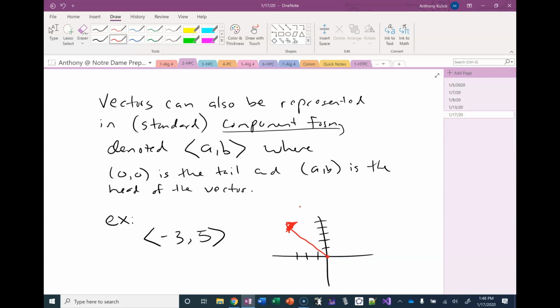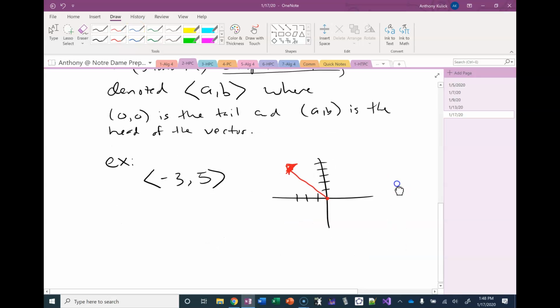The initial point of my vector is at the origin, and the terminal point of my vector is at the point -3, 5. Is everybody okay with that idea? Okay.